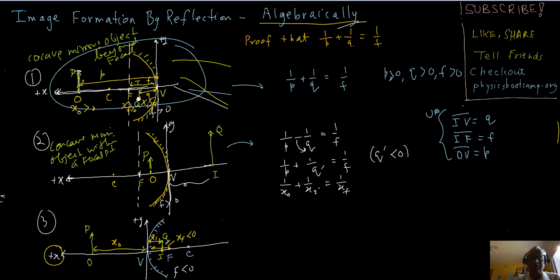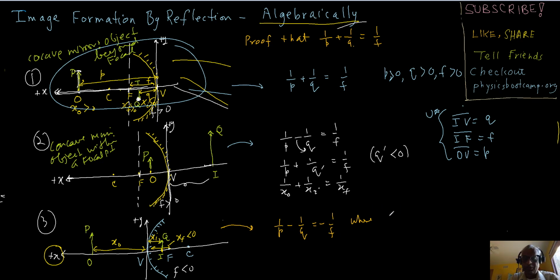Okay, so now when you do this one, what do you get? Interestingly, you're going to get 1 over P minus 1 over Q equals 1 over F, where these are all chosen positive.